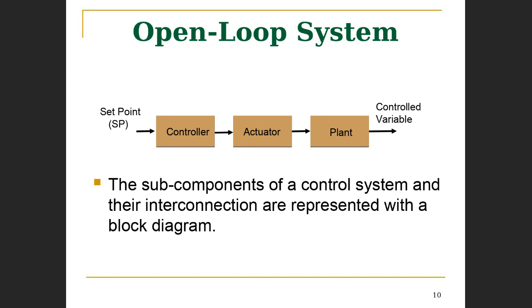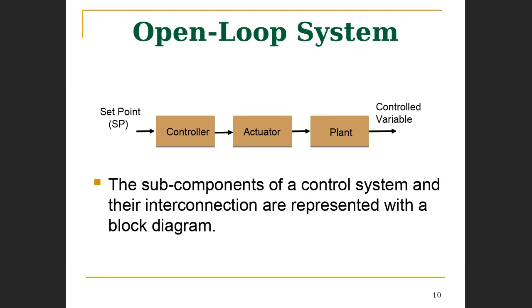Now to the far left, we have a signal called a set point, and that is where the user would indicate the desired outcome. And on the far right, we have what we call the control variable, what it is that we are seeking to force to have a specific value. Okay, so that is our open loop system in terms of block diagram.